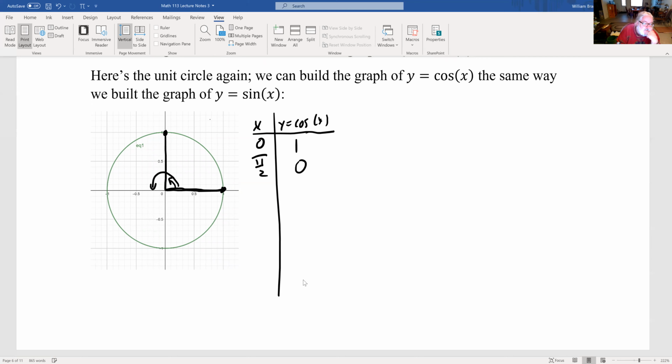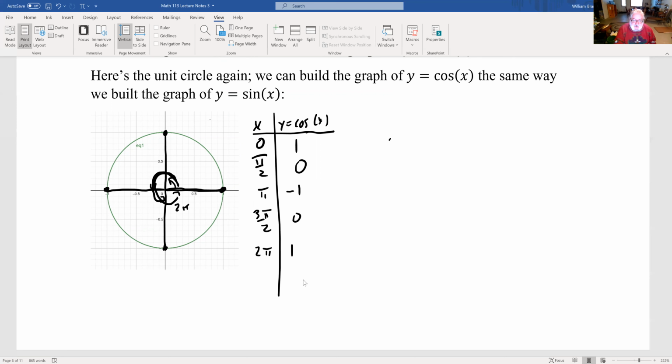Angle of pi, that brings us 180 degrees. Out here, our x coordinate is minus 1. 3 pi over 2 brings me down to the negative y-axis, and there my x-coordinate is 0. And a full cycle of 2 pi brings me back to an x-coordinate of 1.